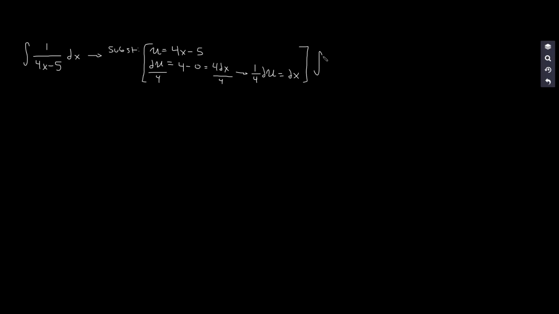So we'll go ahead with the substitution. 1 over 4x minus 5, integration with respect to x, is going to become the indefinite integral of 1 over u times 1/4 du. And of course, we could just factor out that 1/4 from the integrand. So we got 1/4 times the indefinite integral of 1 over u, integration with respect to u.